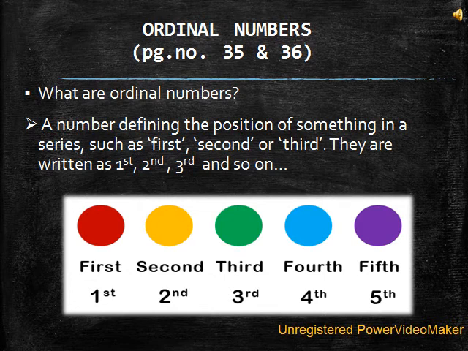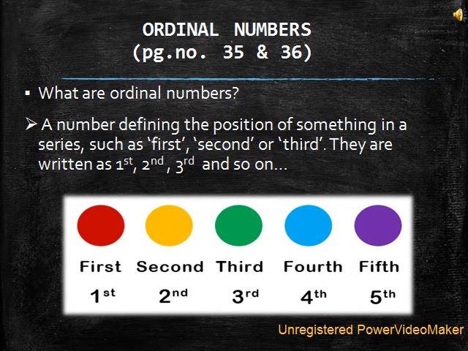For example, in school you have 8 periods. So we call it the first period, second period, third period. Right? We do not call it 1 period, 2 period, 3 periods.